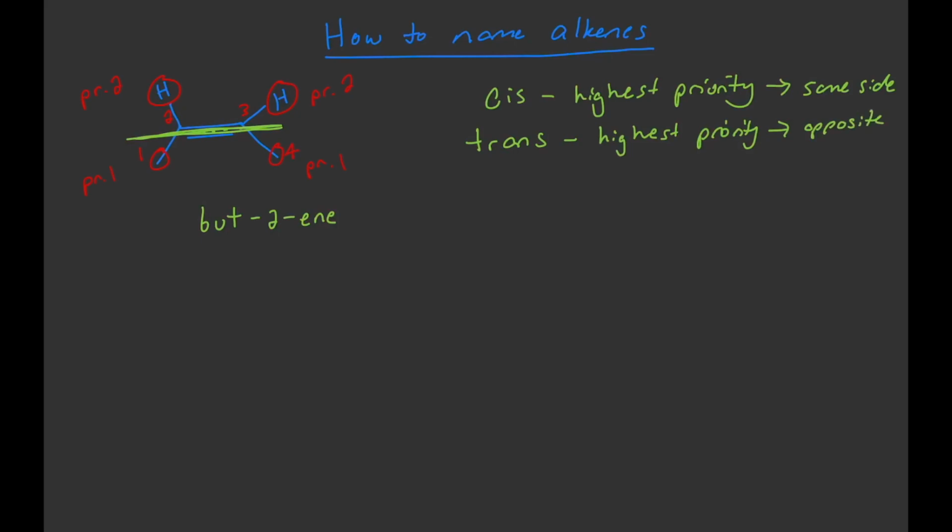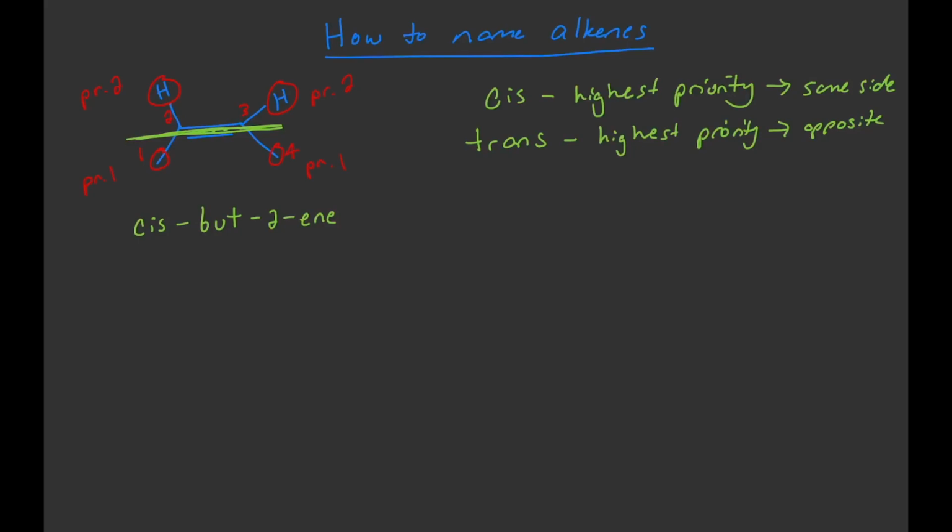Okay, so for our butene, the way we have it drawn here, we have our highest priority groups on the same side, so we will call this cis-butene. Now, this is technically a correct name for this compound. However, the IUPAC method of naming alkenes actually uses a different nomenclature, what is called EZ notation.